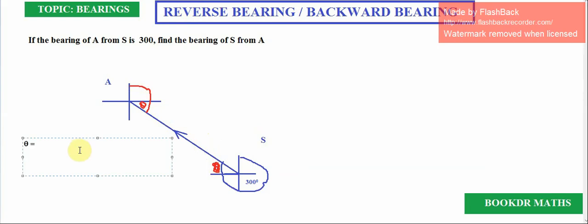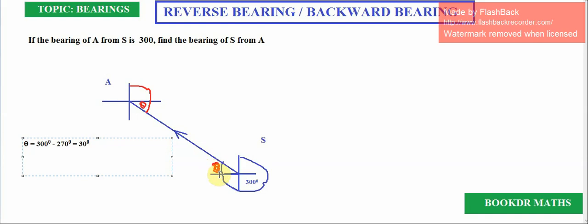The value of our theta will equal 300 degrees minus 270 degrees, and that will give us 30 degrees. Remember, the turn from the North Pole, the clockwise direction up to this point is 300 degrees, but up to the west is 270. So the surplus here is what we are looking for, and that is 30 degrees, when we subtract to find the difference between 270 and 300.